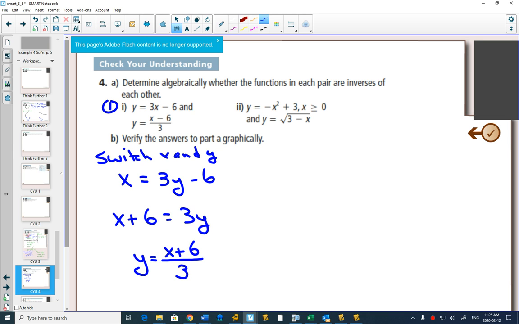Now I've got y by itself. Does it match the other equation? The other equation is (x minus 6) divided by 3. We got (x plus 6) divided by 3. They're not the same. So no. They are not inverses because the equations don't match.